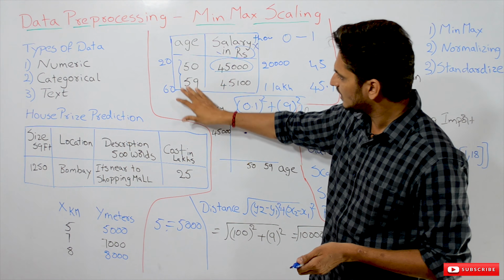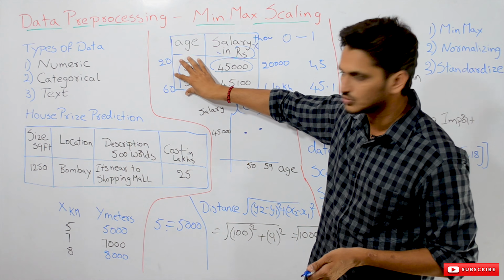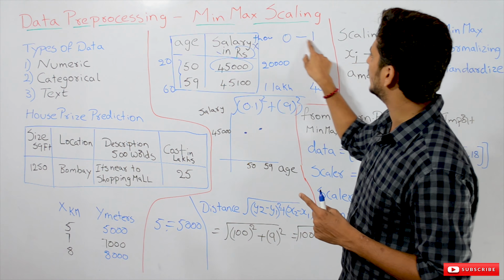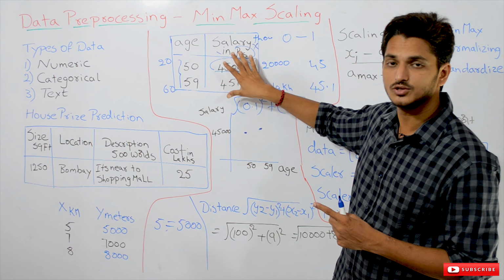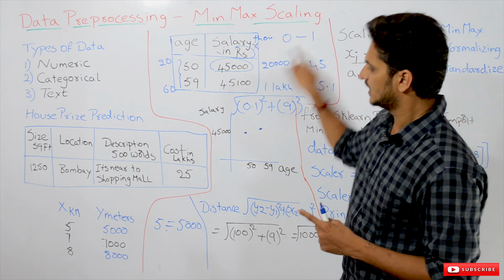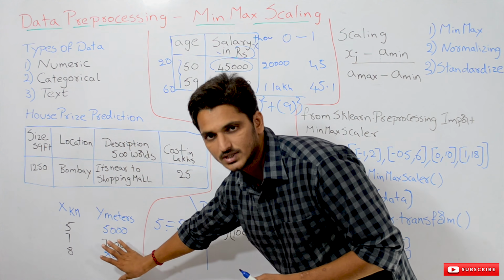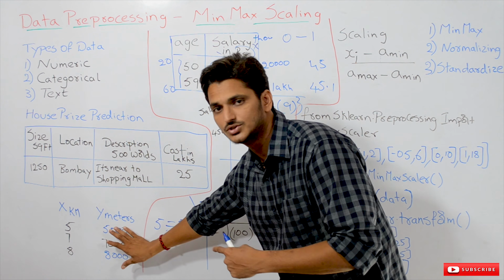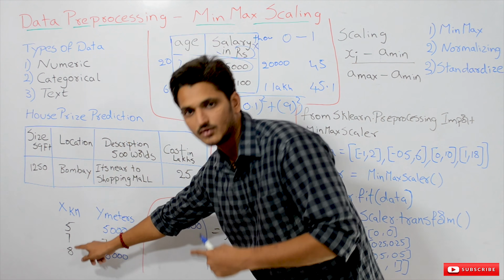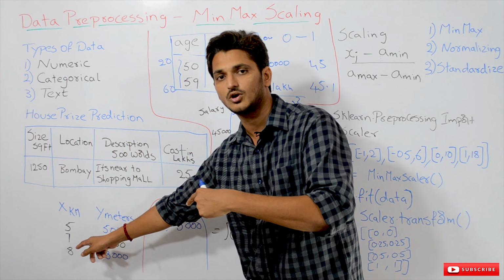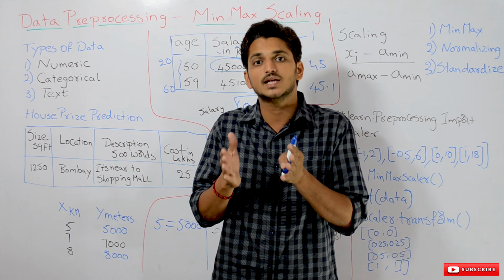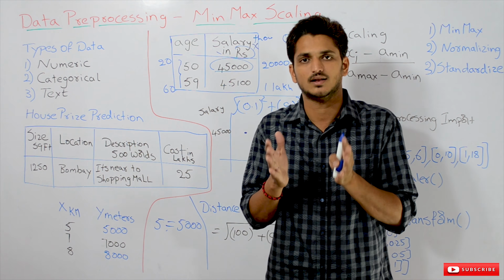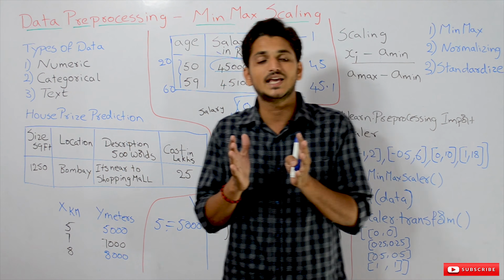Take this feature, convert these values to values between 0 and 1. Do the same for each feature. Then all the numeric values are on the same scale. That is what scaling means.